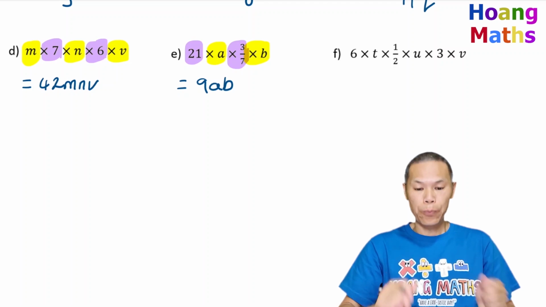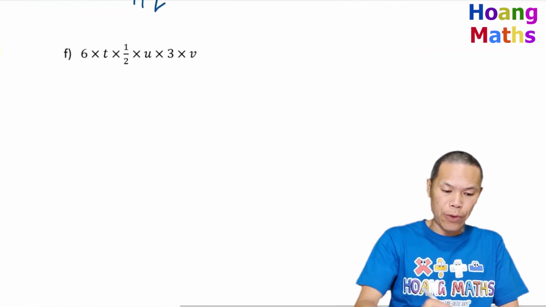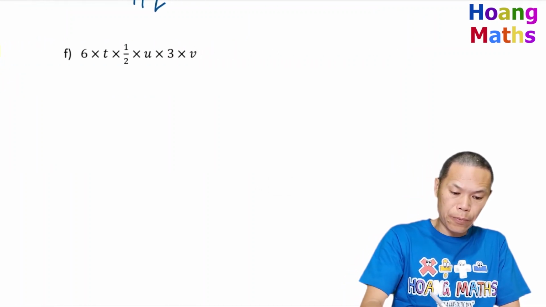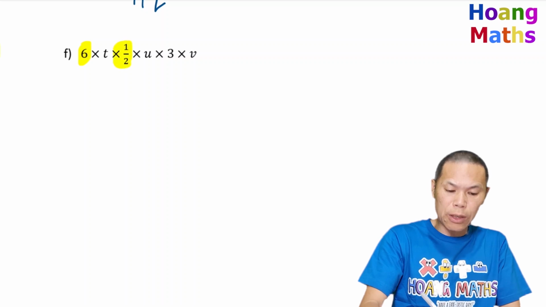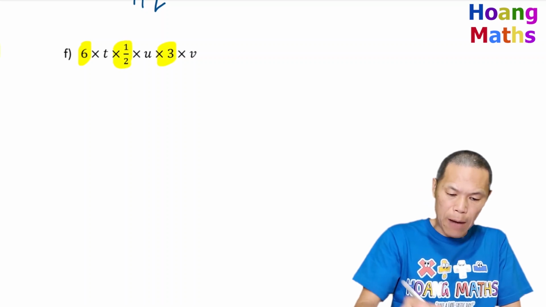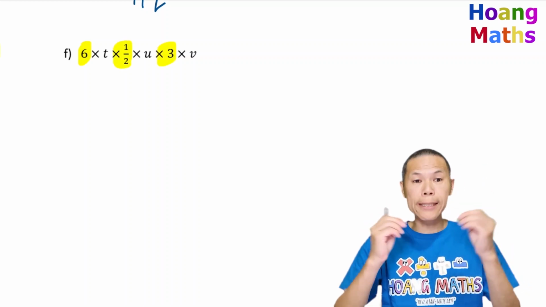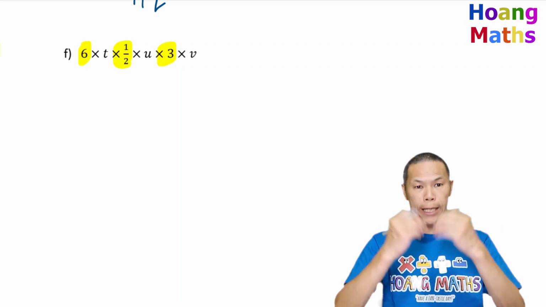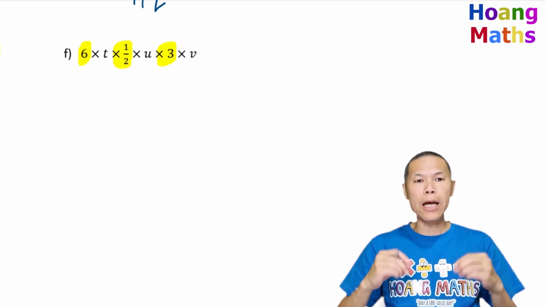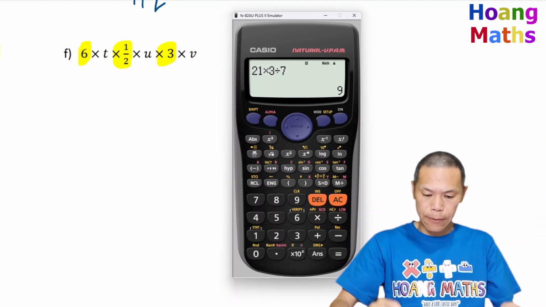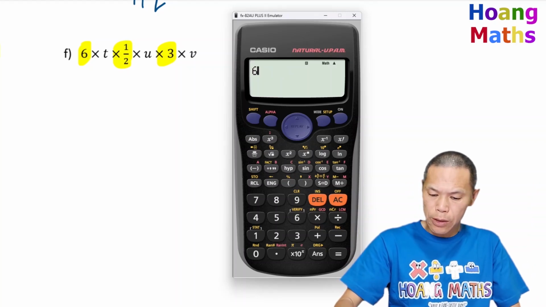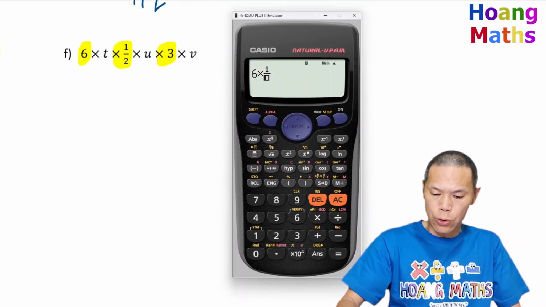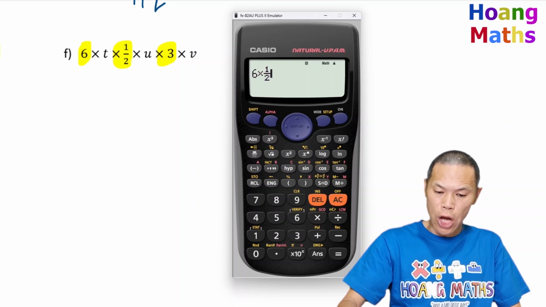There you go. Now part F, we have 6 times a half times 3. So 6 times a half gives me 3. 3 times 3 is 9. Otherwise, I just go 6 times a half, 1/2, and then we times 3.